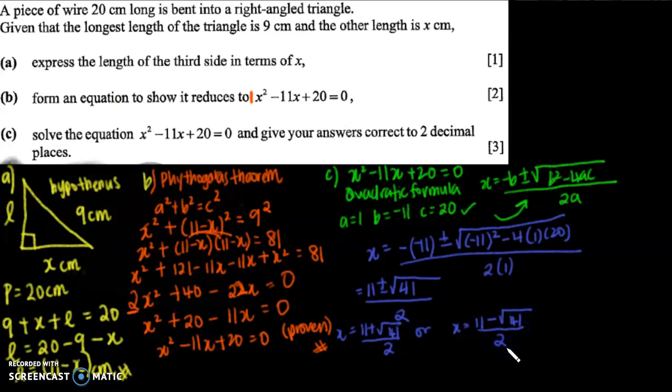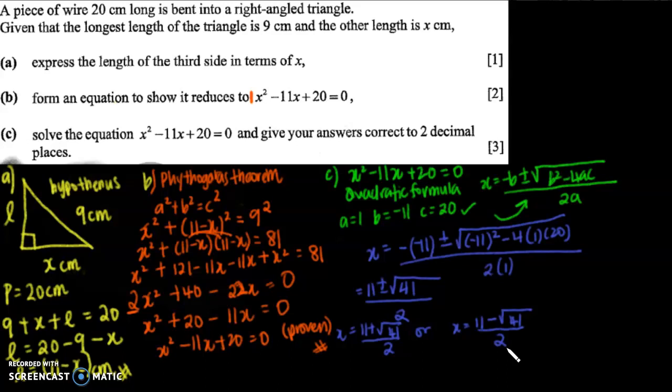All we have to do is put this value into your calculator. So the square root of 41, plus 11, and then divide by 2.